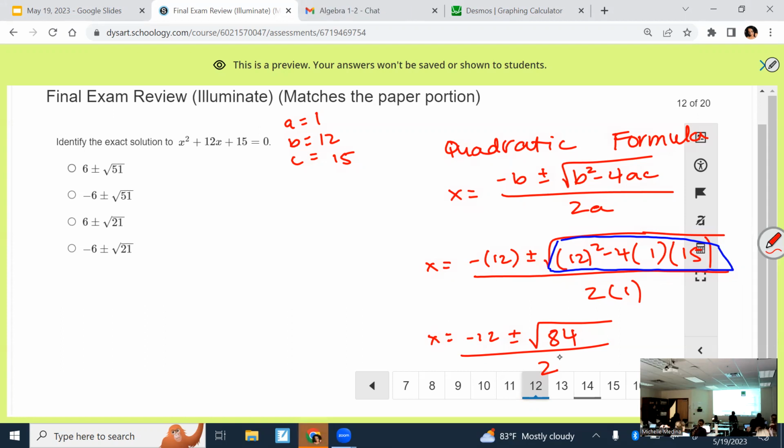So what they must have done was simplify. They found a GCF between all their terms. So they divided each term by 2, essentially. So what's negative 12 divided by 2? Okay, so that narrows us down to 2 options. Then we need to simplify that radical. Do you guys remember how to do that?